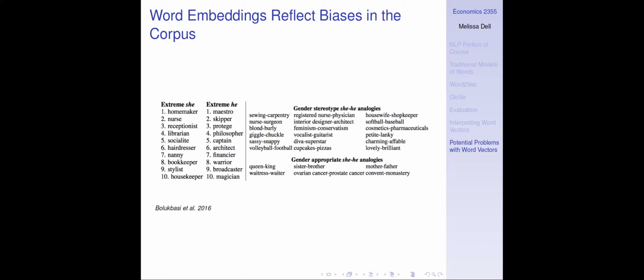This is an example of a paper that was looking at different types of occupations. Going back to the idea we talked about last class, steam is very unlikely to be associated with solid and likely to be associated with gas, whereas ice is much more likely to be associated with solid than with gas, for obvious reasons based on the physical properties of those objects.